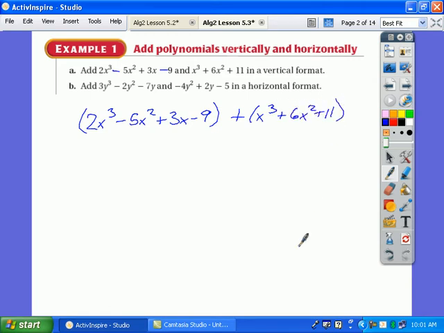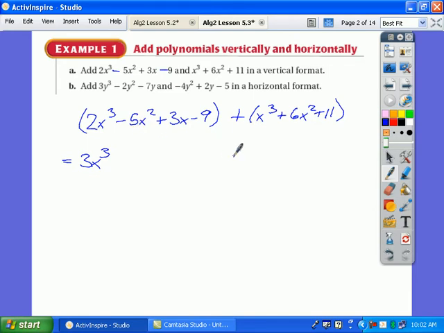And we just go through and we find our like terms, and we combine them. So 2x cubed plus x cubed is 3x cubed, right? If I have 2x cubes here and 1x cubed here, I add them together, 3x cubes.